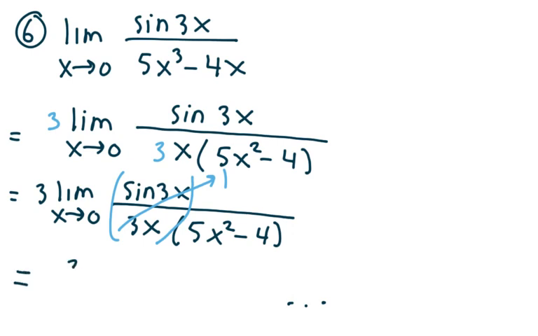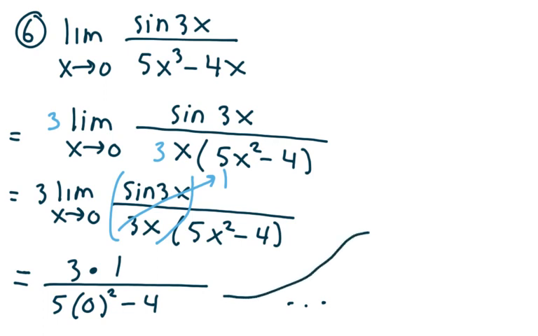You get 3 times 1 divided by 5 times 0 squared minus 4. And so the answer here is going to equal negative 3/4. And that's how you do number 6.